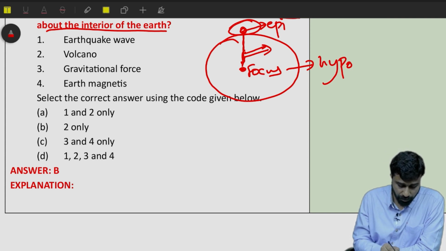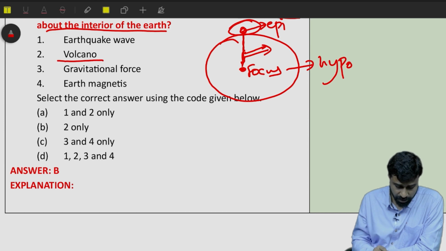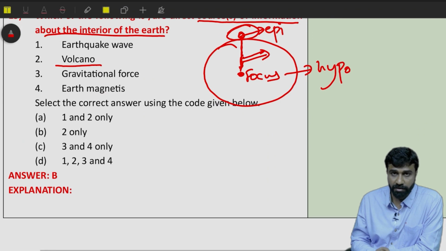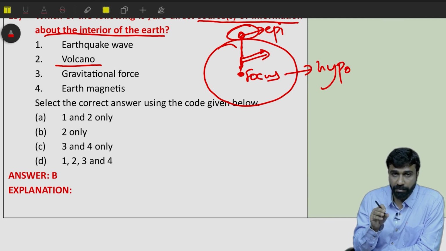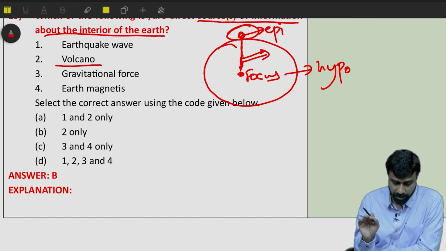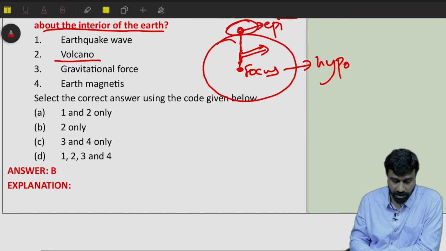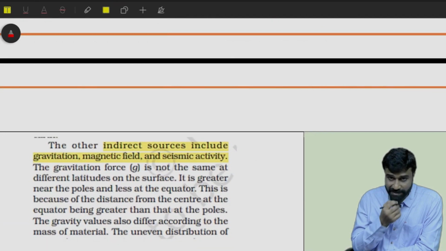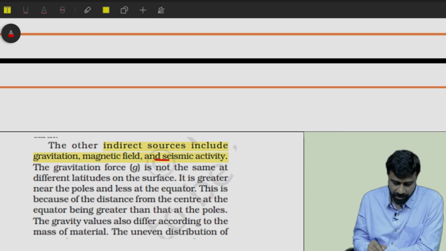Only one is direct, that is what you find in the volcano, because when lava emerges out of volcanic activity, you will find various materials, fly ash, sprinklers, and dust particles.